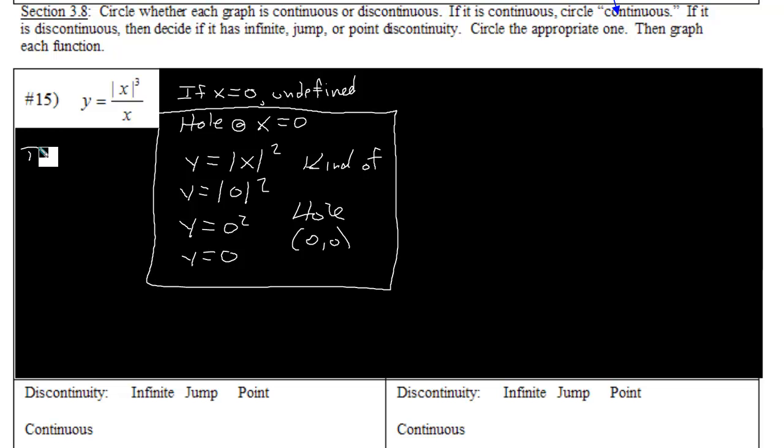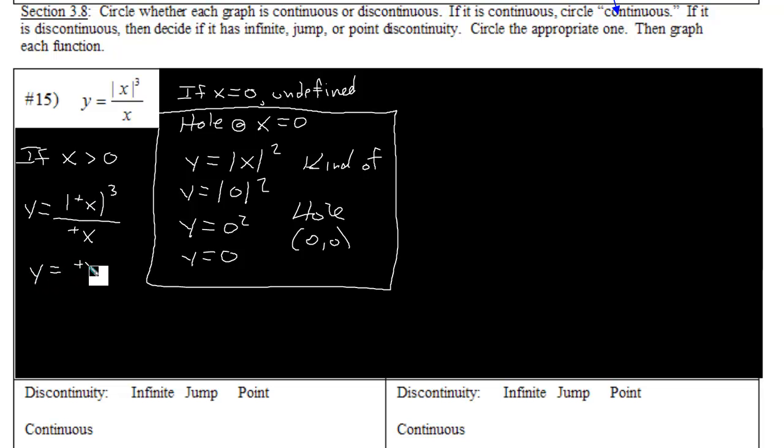What if x was greater than 0? So it's a positive number. I'm going to use a method here that I call the fantasy make-believe method. I'm going to put a positive in for x. To show that, I'm just going to put a little plus x, absolute value cubed divided by positive x. What's the absolute value of positive x?